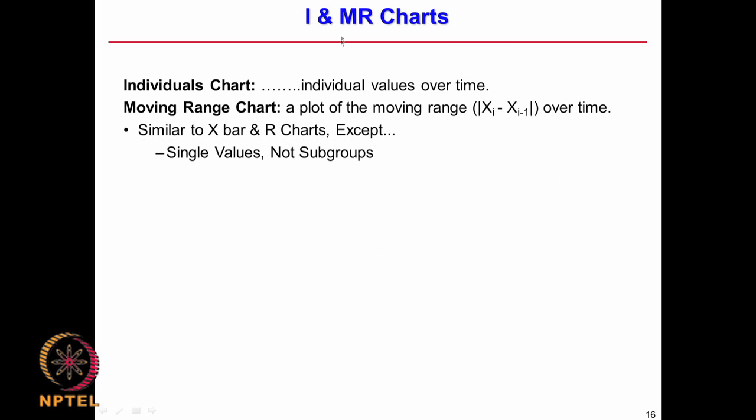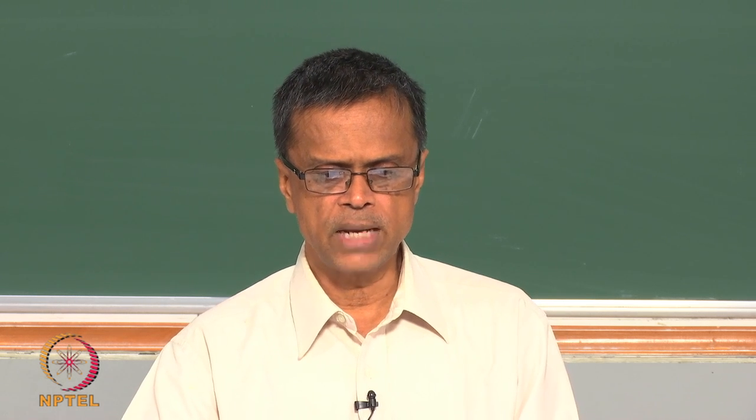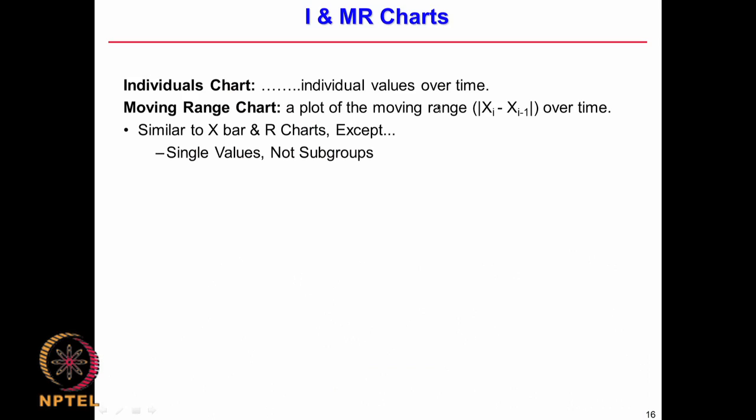Then you have the individual chart. That means you plot the individual values over time. Suppose I am measuring pH as a function of time, I plot the pH as a function of time. Moving range chart: what you do is use xi minus xi minus 1 over time.